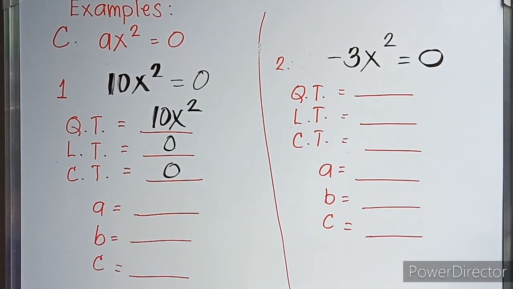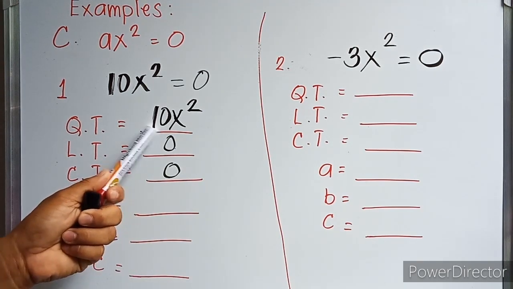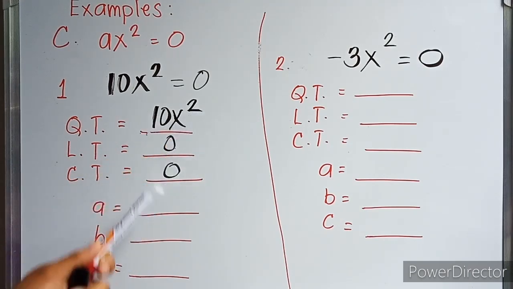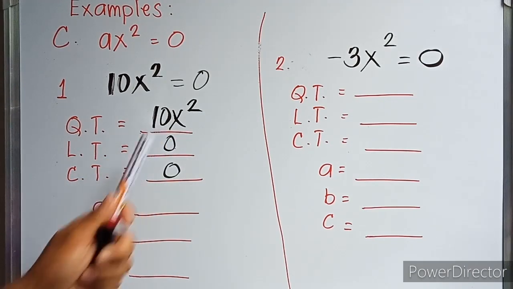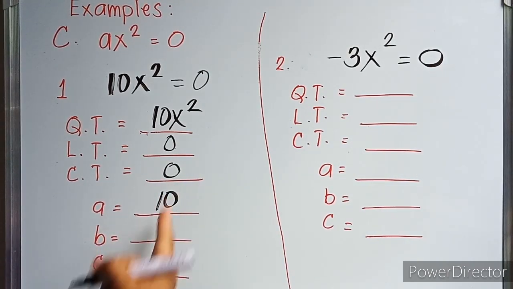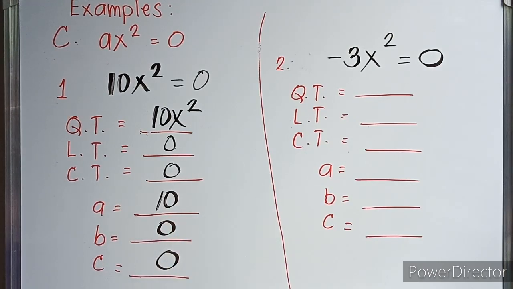Okay, then for the value of coefficients, always remember, a is the numerical coefficient with the highest exponent. So the numerical coefficient here is 10 for a. Then our b, we don't have linear and constant terms, so both of these are 0. And for number 2, we have negative 3x squared equals 0.